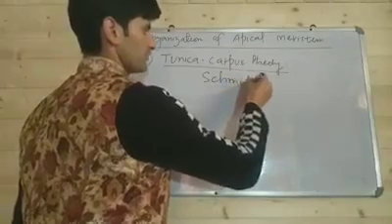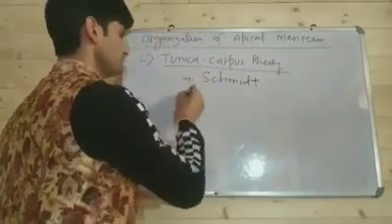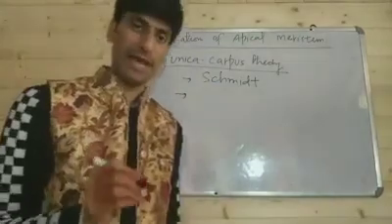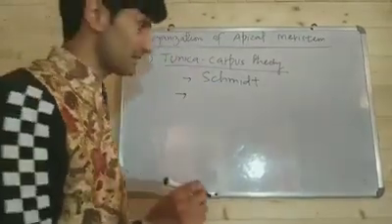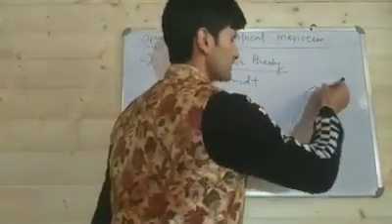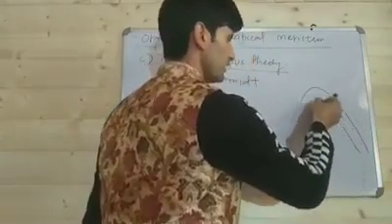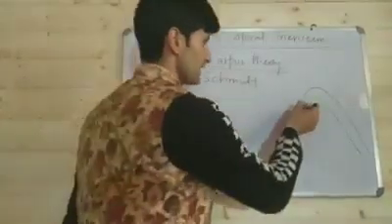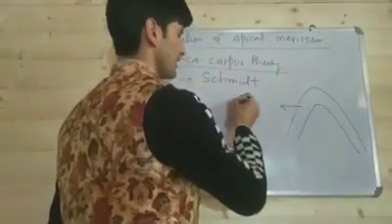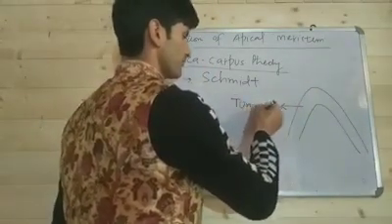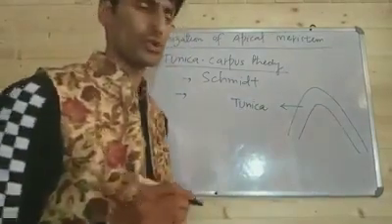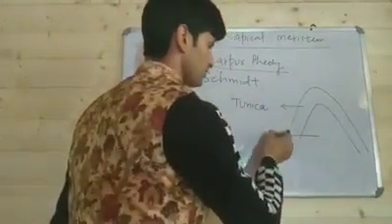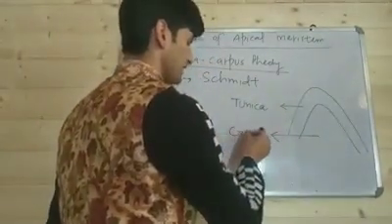This theory explains that apical meristem is composed of only 2 zones, not 3. It says the outer zone is called tunica, and the inner zone is called corpus.